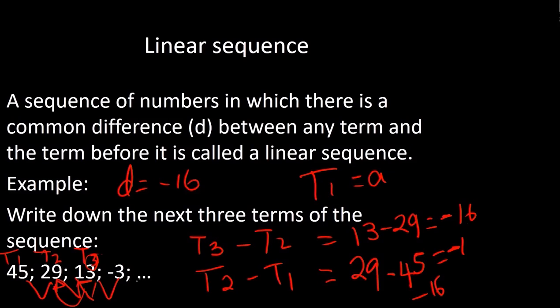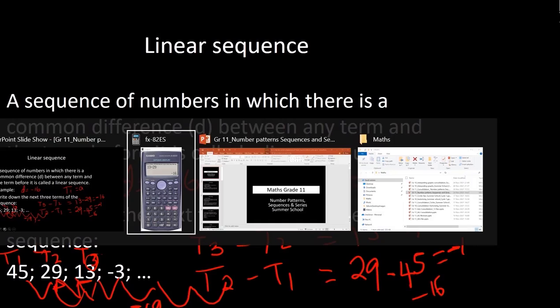So to find the next three terms, I simply add negative 16 each time. So negative 3 plus negative 16 will give me negative 19. And then negative 19 plus negative 16 is going to be negative 35. Let's just double check those values.